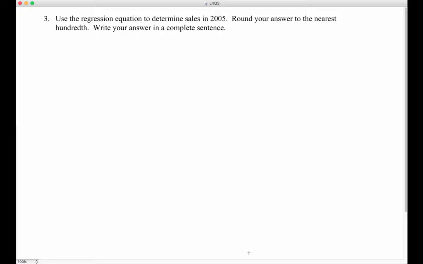Use the regression equation to determine the sales in 2005, round your answer to the nearest hundredth, write your answer in a complete sentence. Okay, so what we saw back in our previous work was that our regression equation back in question 2 was determined by the following formula.